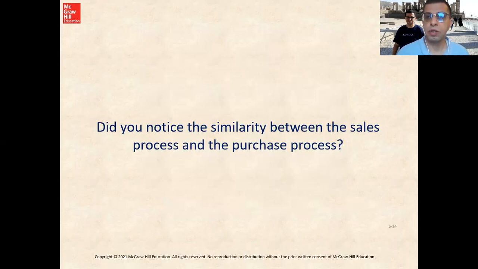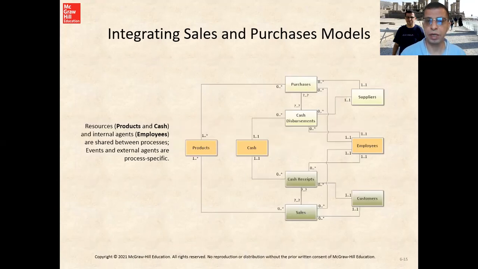Now, did we notice the similarity between sales of the previous chapter, the sales process, and the purchase process of this chapter? I think we do. And how we can put them together to make it smooth: basically you have a product, and there is a purchase, and the purchase goes through the supply to the suppliers.